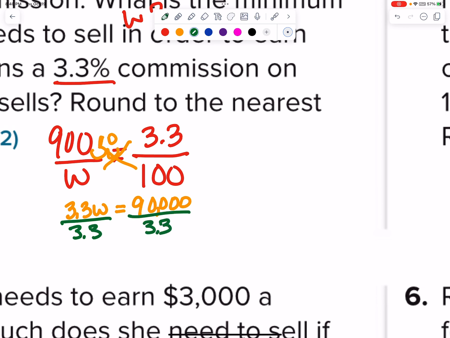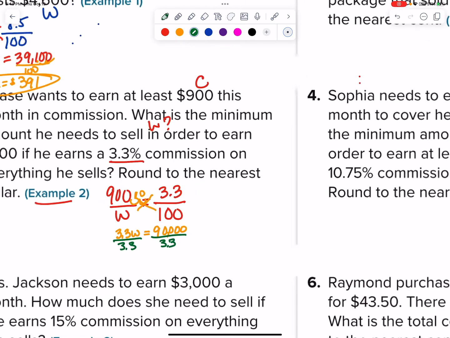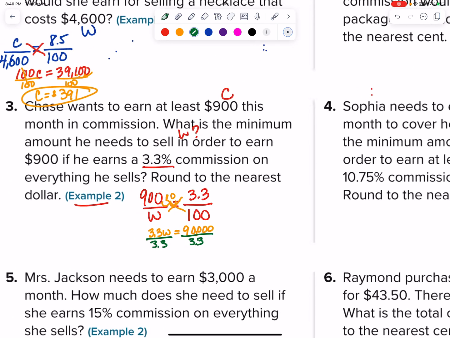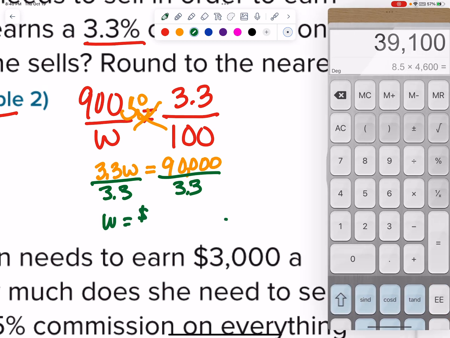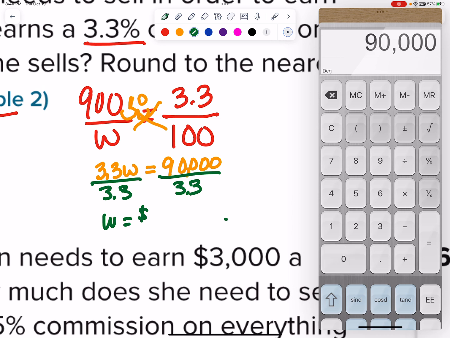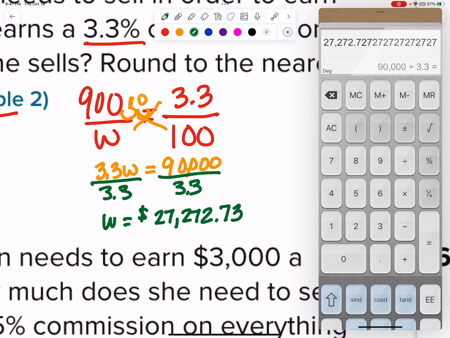And we get, let's answer the question. What is the minimum amount he needs to sell? Well, here I'll just label it as W for right now. 90,000 divided by 3.3 is $27,272.73 because of the rounding.